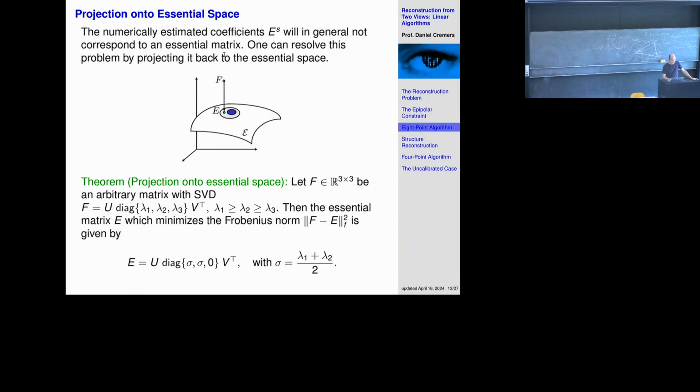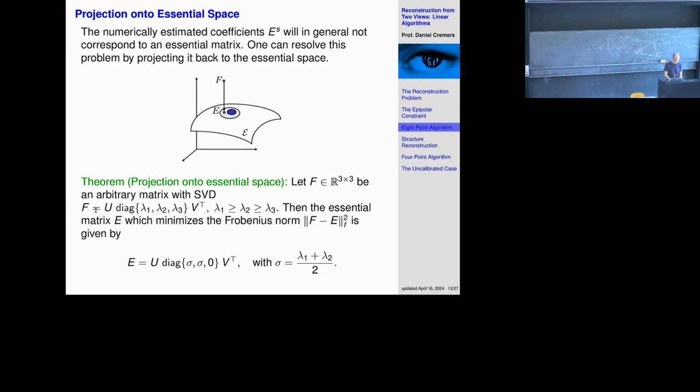So this is how you do the projection onto the essential space. We compute some 3x3 matrix, let's call it F, and now we want to compute the nearest essential matrix, the 3x3 matrix closest to F that is an essential matrix. There is a theorem that guarantees this. We minimize the distance in the Frobenius norm.